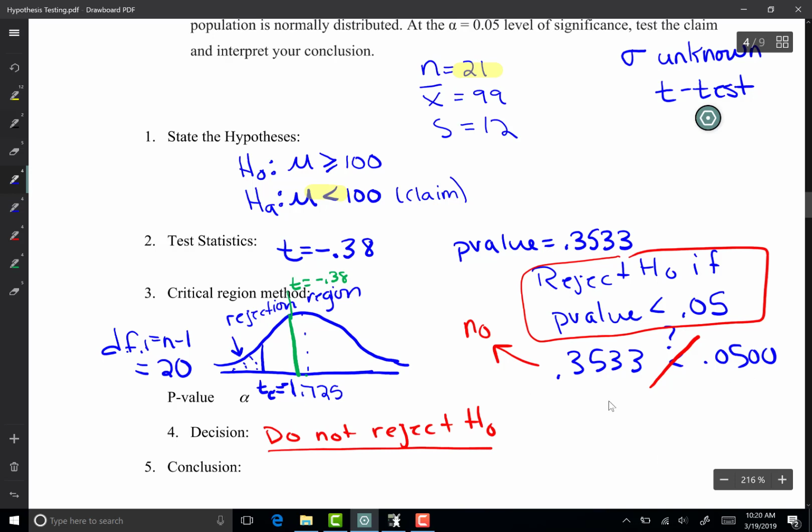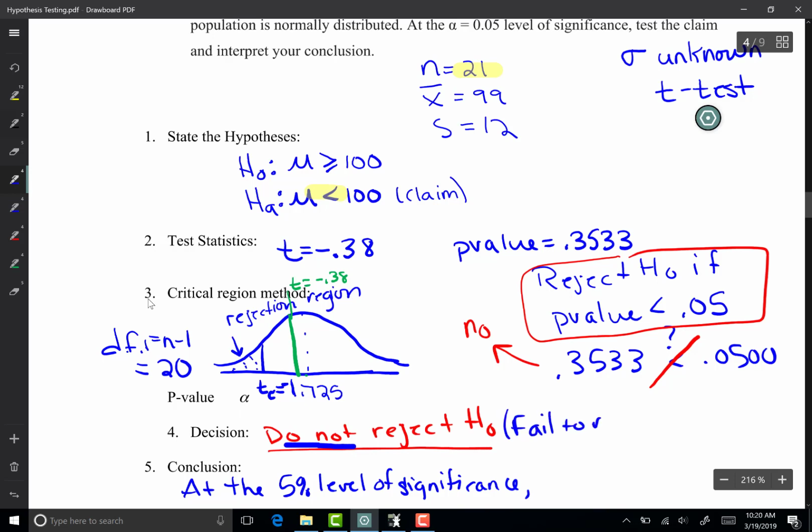Make sense? Since we do not reject H naught, our conclusion at the 5% level of significance is that we either do or do not have enough statistical evidence. Since we did not reject, now remember, in Newton, it will say fail to reject.